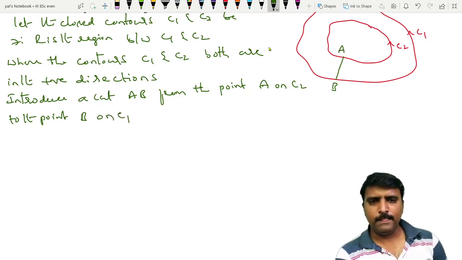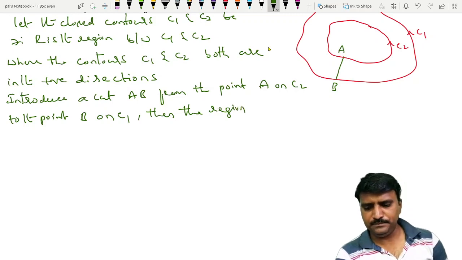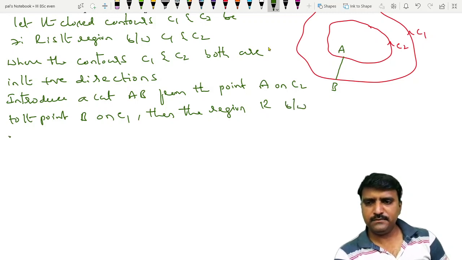So now the region R between C2 and C1 is a closed contour.